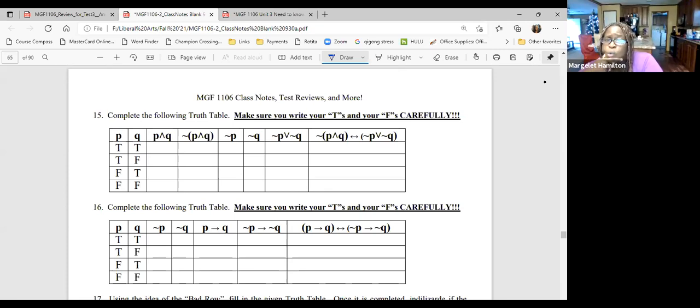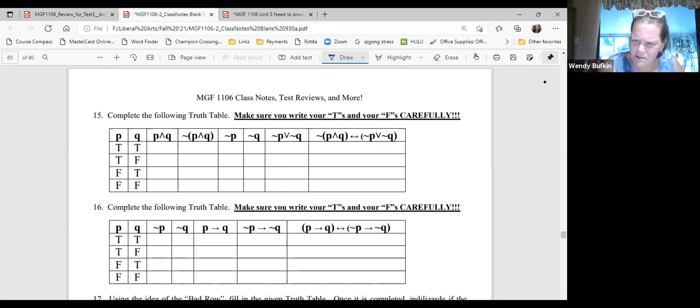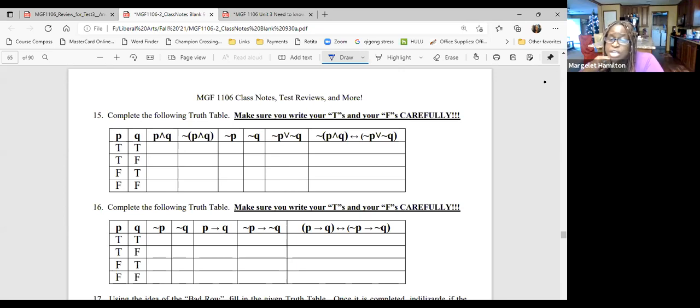Tell me when the conditional statement is false. If P is true and Q is false. Okay, so T to F gives you F. We call that the broken promise. And remember that order matters with the conditional statement. That's the only one where order is important.